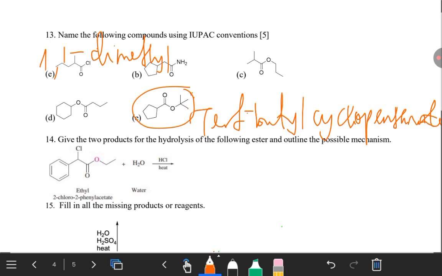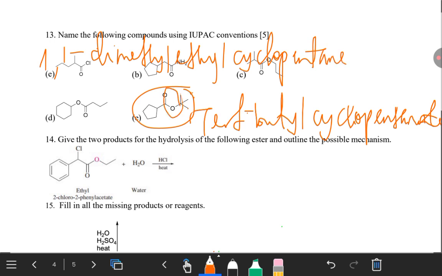Then there are 2 ethyl, 2 carbons there, this carbon and that carbon, so there are 2, so it will be ethyl. Then we have this, which is a cyclopentane, then we have this group, which is an ester, so this is just a carboxylate.